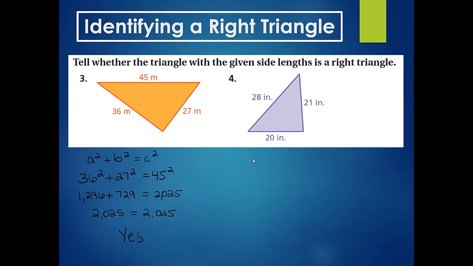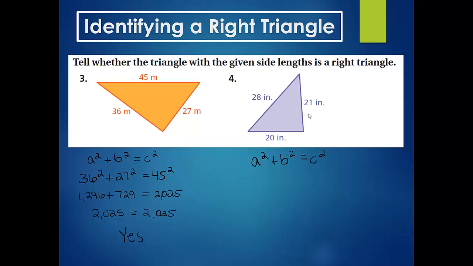Now let's look at number 4. Number 4, we have 28 inches, 20 inches, and 21 inches. So 28 inches would be C because that's the longest length. So we have A squared plus B squared equals C squared.